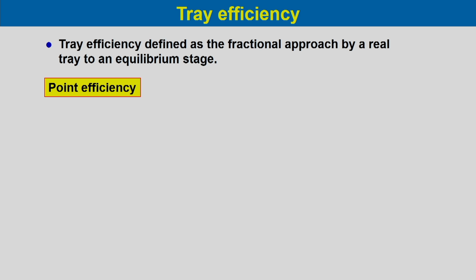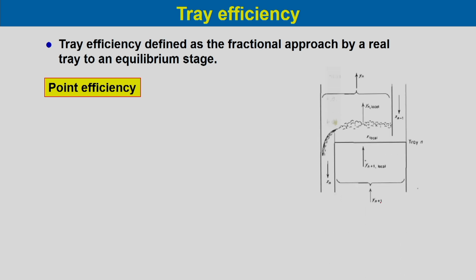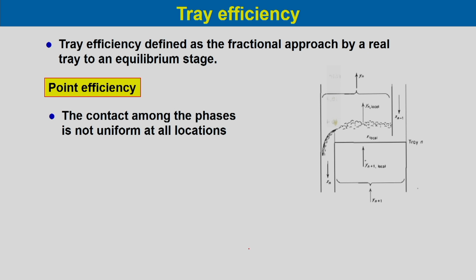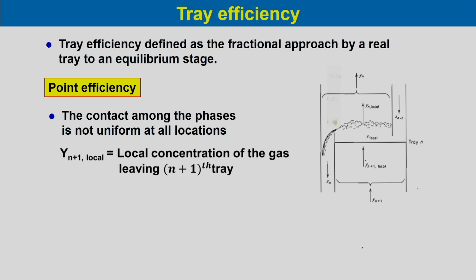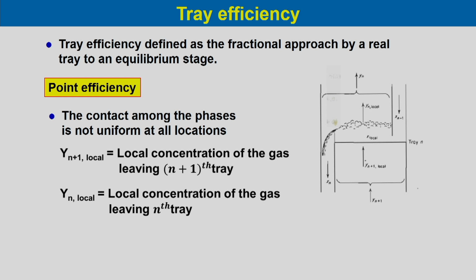One is point efficiency. You can see in this case the contact among the phases is not uniform at all locations. So, the point efficiency will vary. Yn plus 1 local is the local concentration of the gas leaving the n plus 1th tray, and Yn local is the local concentration of the gas leaving the nth tray.